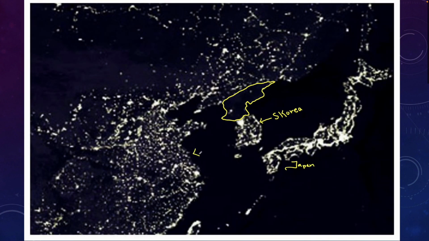And over here, we have China. And up here we have China, which leaves our shadow area, this area where it looks like somebody might have turned the lights out. That is, of course, North Korea.